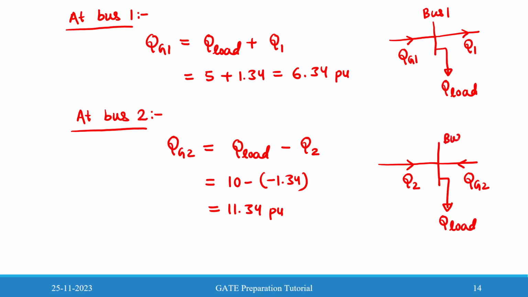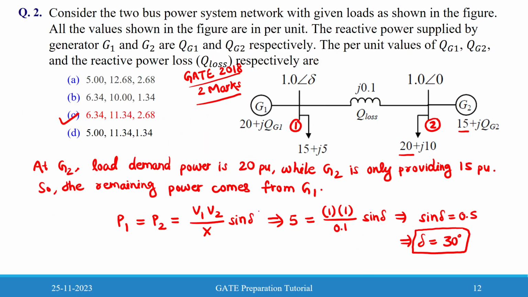So the expression for Qg2 will be Qg2 is equal to Q load minus Q2. So you will get 11.34 per unit. So the correct answer for this problem is C.